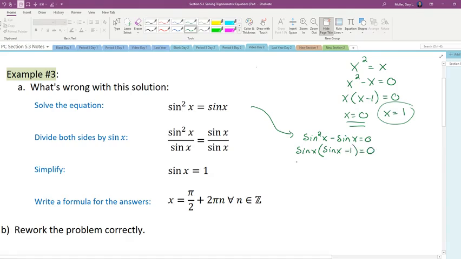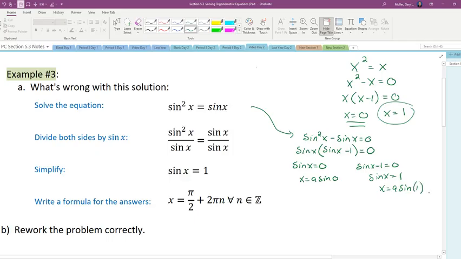Now that it's factored, I can set them both equal to 0. And therefore, sine x equals 0, so x equals the arc sine of 0. And move the 1 over: sine x equals 1, so x equals the arc sine of 1.